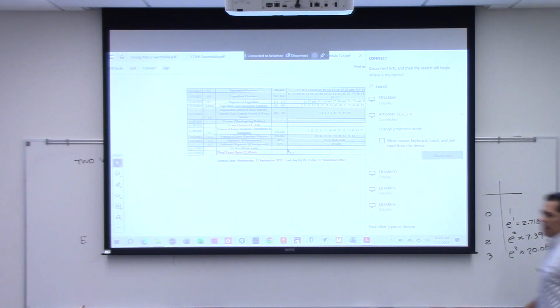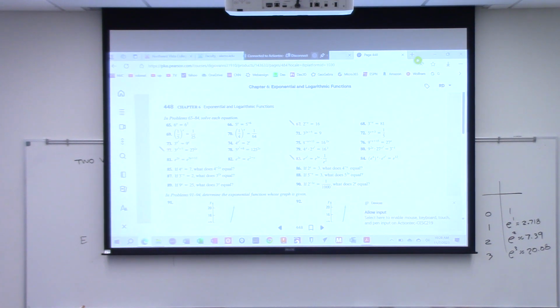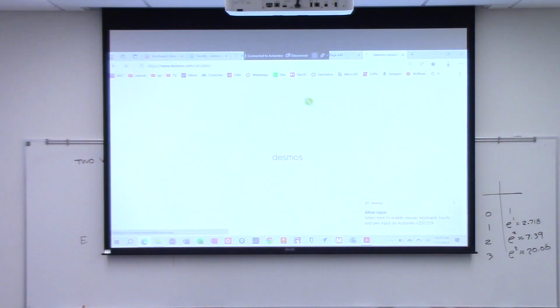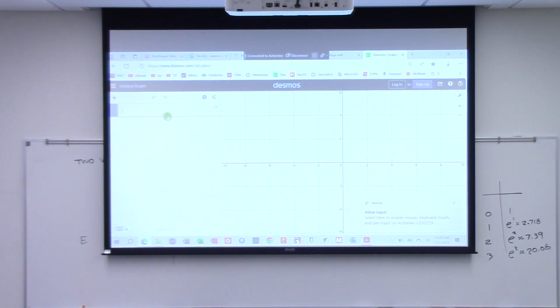All right, so here we go. I'm going to go to Desmos and graph this. So let's first do y equals 2 to the x. Okay, that's 2 to the x. And now let's do 10 to the x.